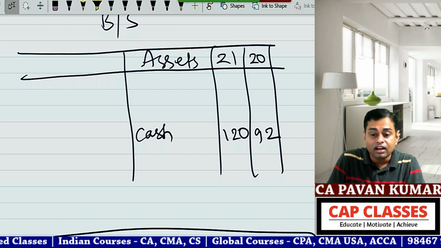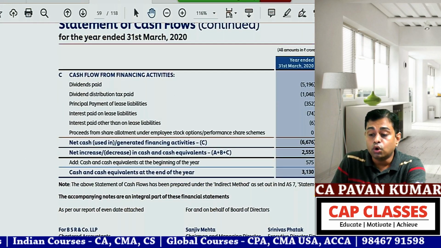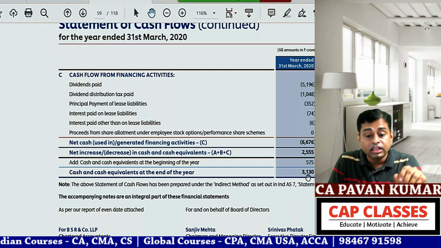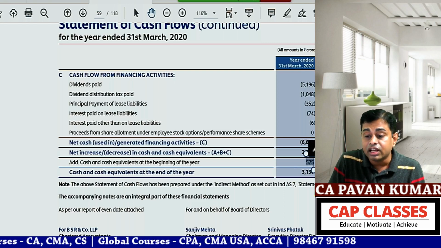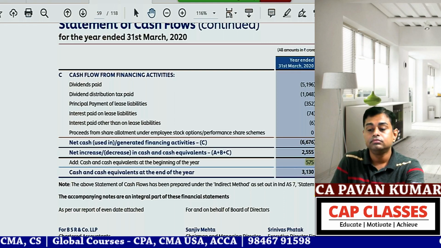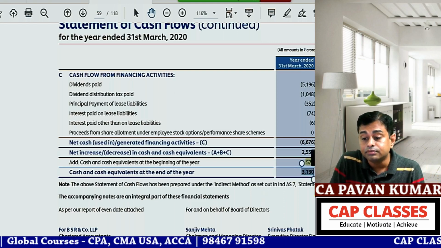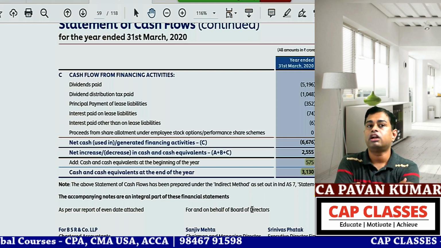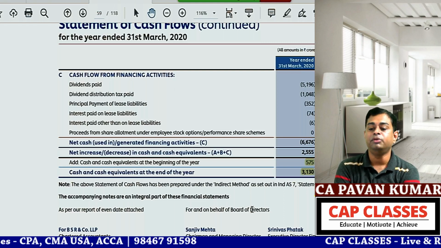Now look at the financial statements of this published company. They have taken cash and cash equivalents at the beginning of the year. Can you see 575 highlighted there? 575. Then the closing 3130. So now the shareholder is asking, oh sir, how has 575 become 3130?